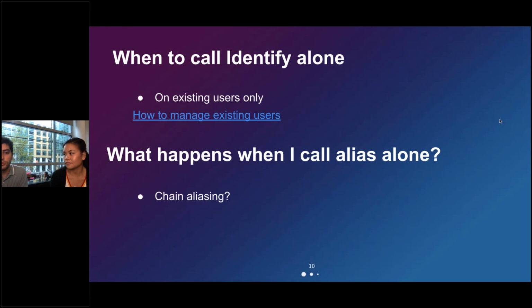This also goes into why we recommend aliasing during registration and only once in a user's lifetime, because you want to prevent chain aliasing. Chain aliasing is what we describe when one alias points to another alias, which points to another alias, and then to a distinct ID. If you were to alias multiple times for one user, it's totally possible to end up in this situation, and you start to see weird behavior.